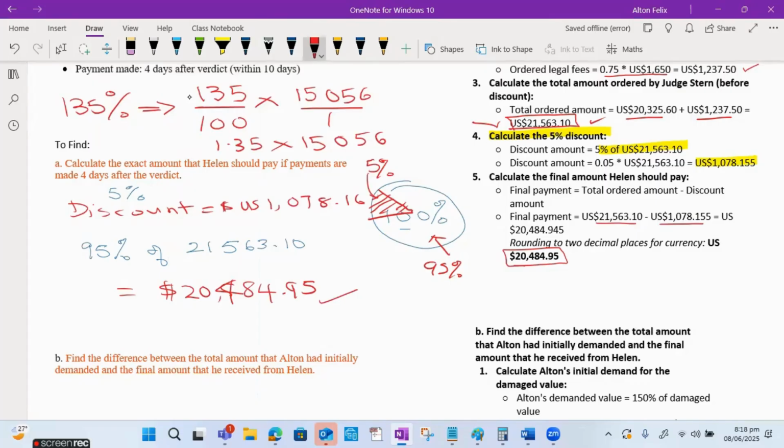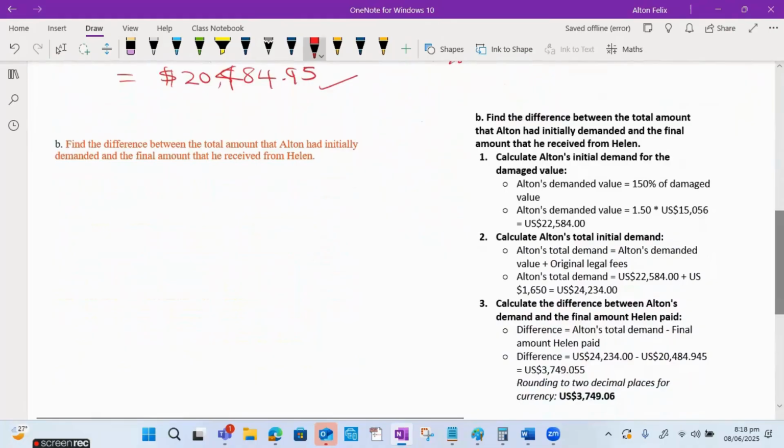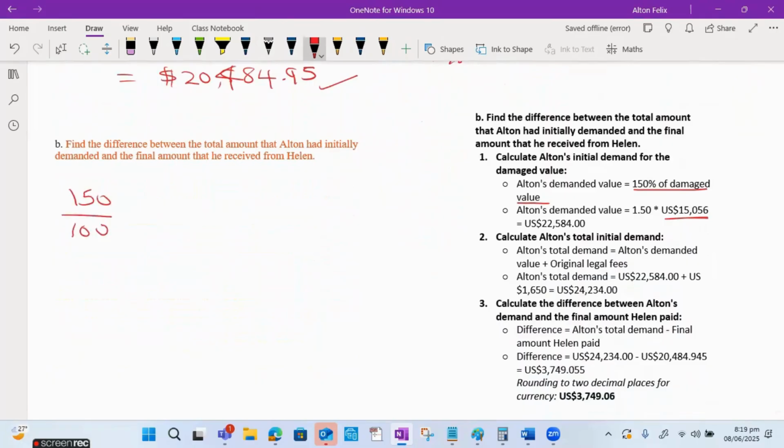Now, let's see what Alton really wanted. Initially, Alton wanted 150% of the damage value. We worked out the damage value previously as 15,056, and Alton's demand was 150% of the damage value. 150% means 150 over 100, and this is equal to 1.5.